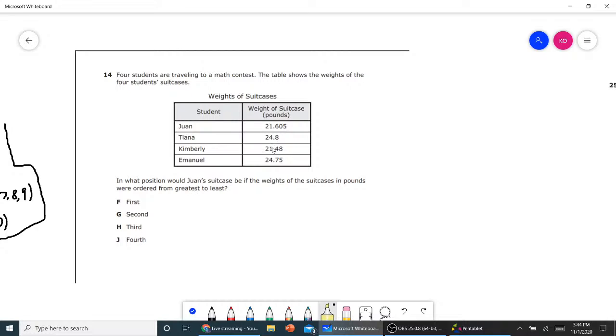You have Kimberly, whose suitcase weighs about 21.48, and you have Emmanuel, whose suitcase weighs about 24.75. So, in what position would Juan's suitcase be if the weights of the suitcases in pounds were ordered from greatest to least? And it's asking what position.